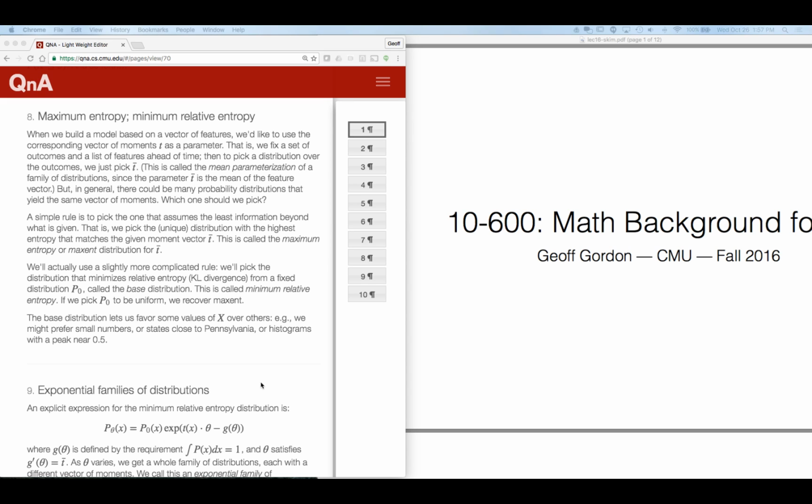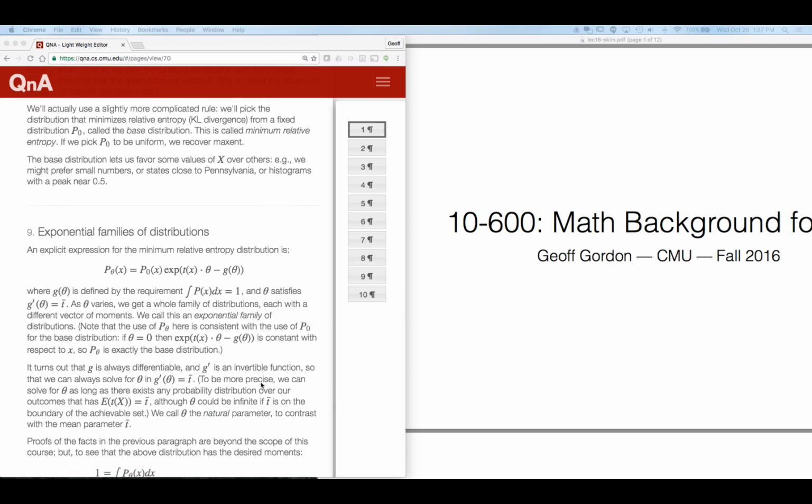All right, so that is all very well and good, but that's an implicit definition of the distribution. Can we get an explicit form for the distribution that maximizes the entropy? The answer is yes, although sometimes it's still kind of difficult to compute.